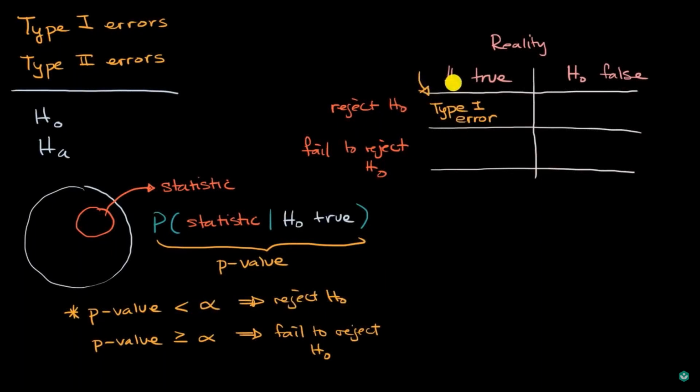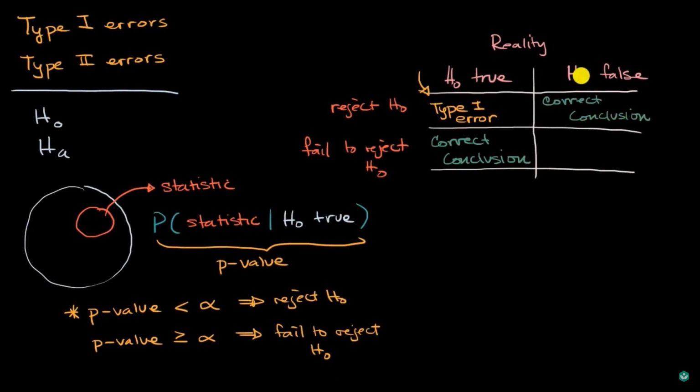Now, if your null hypothesis is true and you fail to reject it, well, that's good. We could write this as, this is a correct conclusion. The good thing just happened to happen this time. Now, if your null hypothesis is false and you reject it, that's also good. That is the correct conclusion.